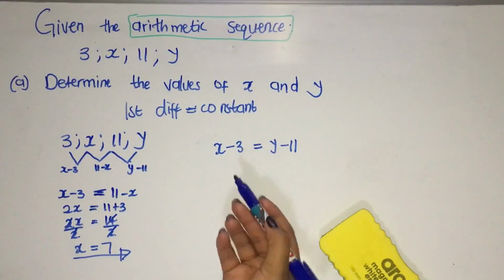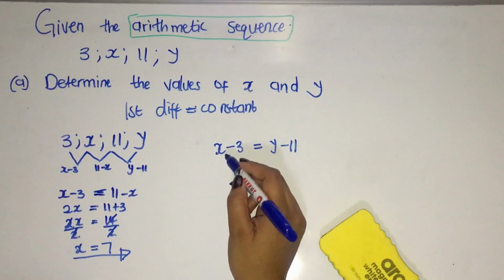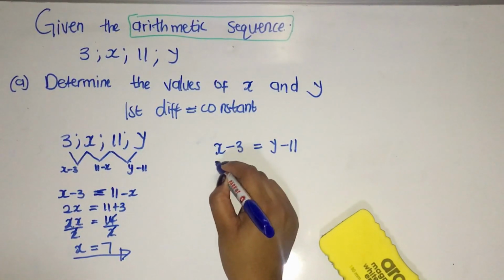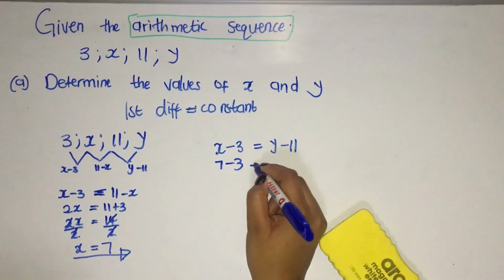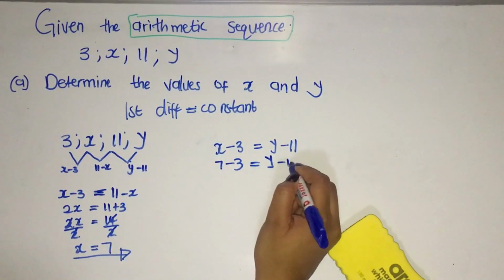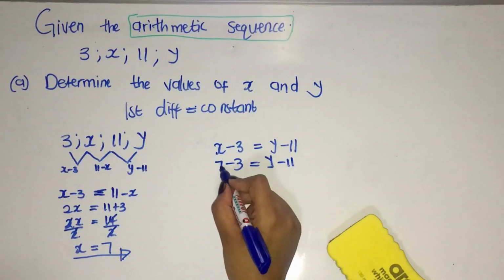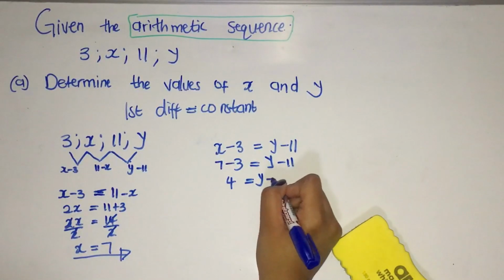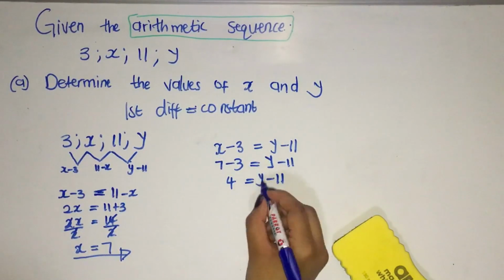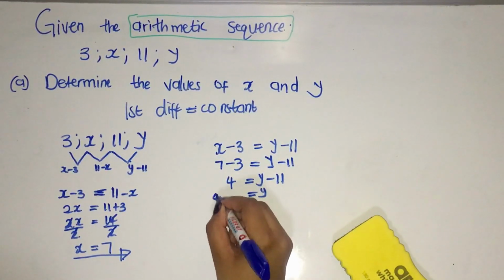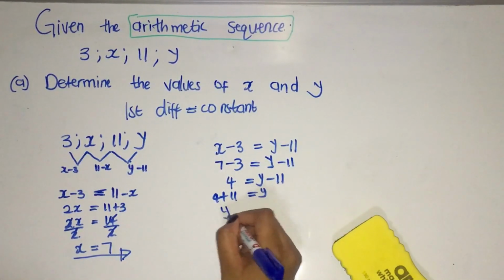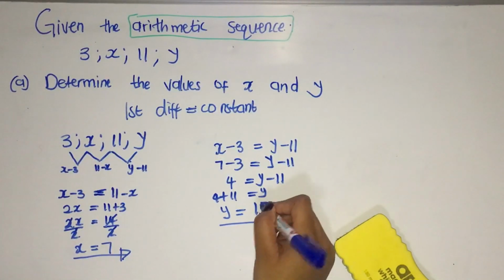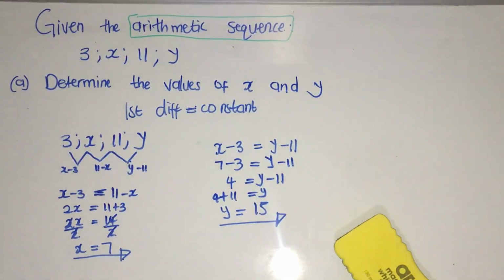I don't have to stress myself. Because I have solved for my x already and I know that my x is 7, 7 minus 3 is equal to y minus 11. 7 minus 3 gives me a 4, so 4 equals y minus 11. 4 plus 11, my y is going to give me 15. Done. Easy peasy stuff.